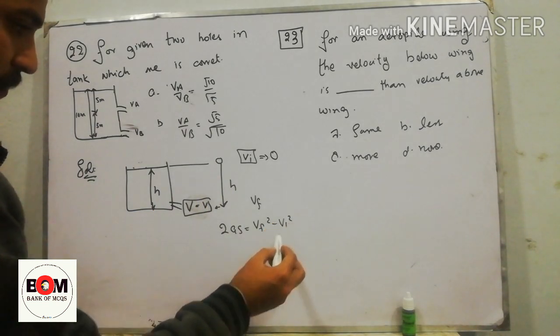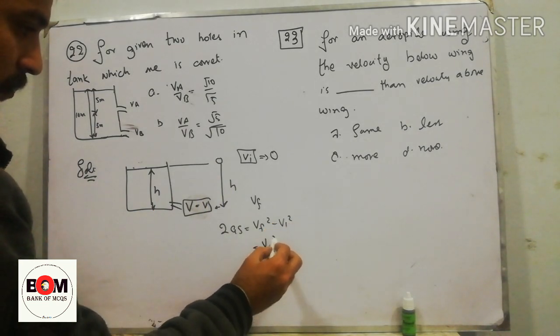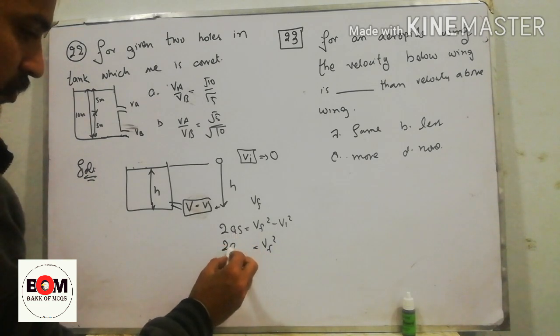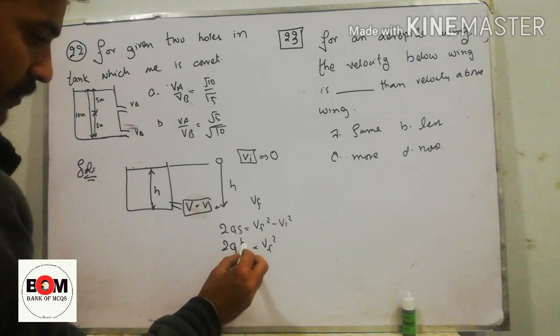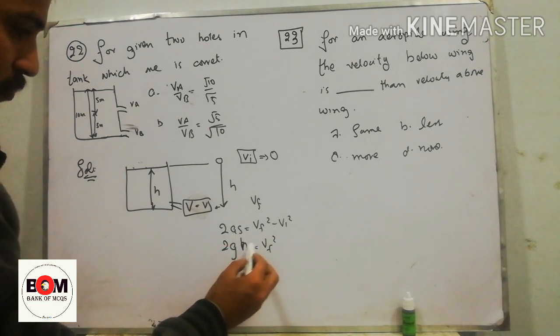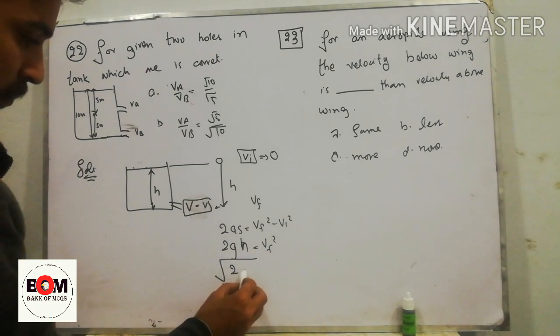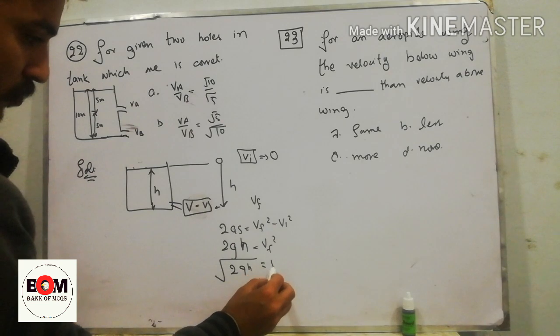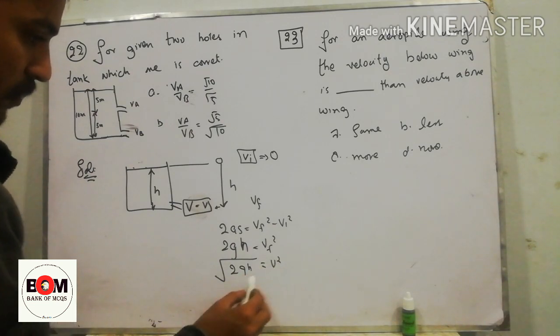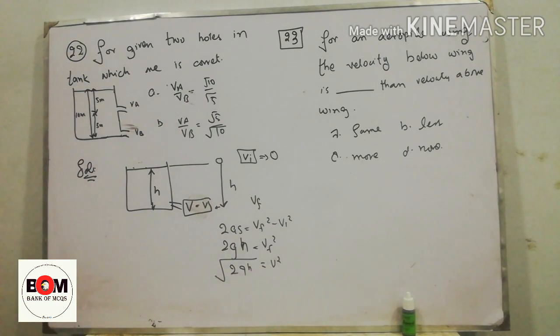So we write g instead of a and h instead of s, and we get 2gh is equal to Vf square. This is the equation of Torricelli's theorem, to find the velocity of water.